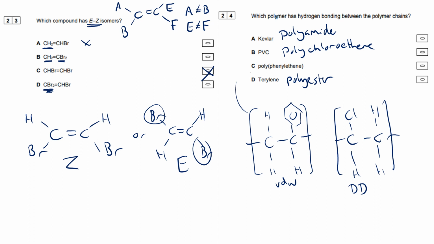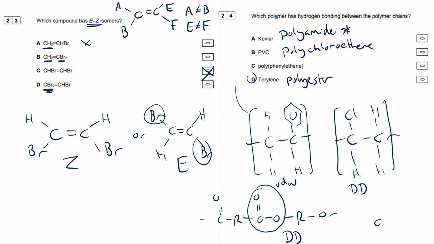Polyesters, for terylene, you've got your C double bond O, single bond O, that's our ester link, and you've got your R groups and your other C double bond O's. So polyesters, even though they've got a C double bond O and a single bond O, there is no OH bond. So it's polar, you will have dipole-dipole forces between chains, but there would be no hydrogen bonds.